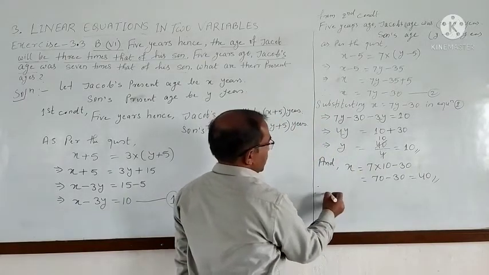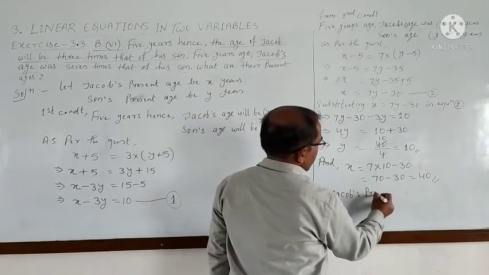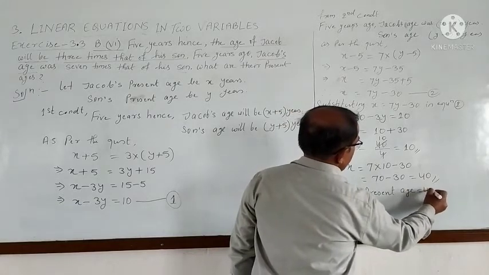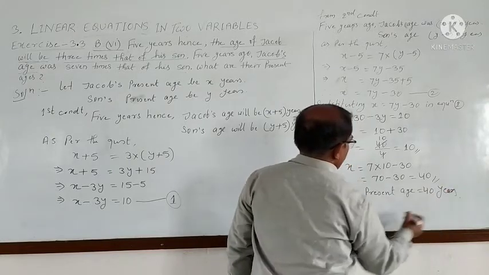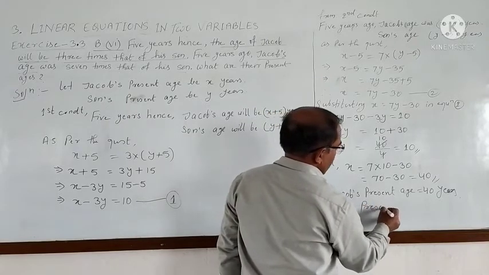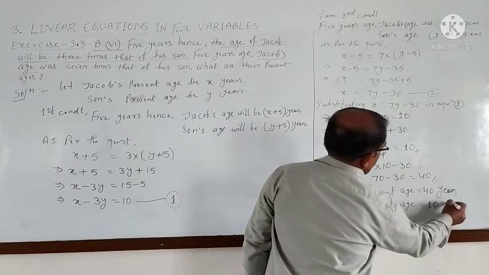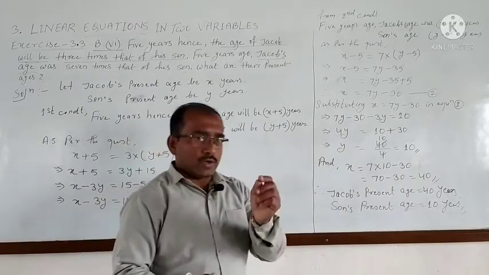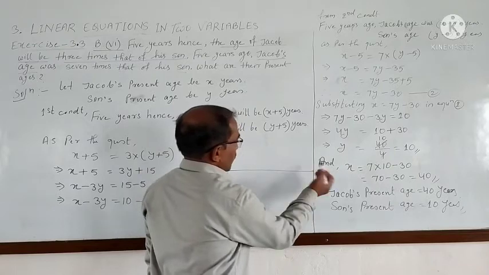We can write in words: Jacob's present age is equal to 40 years and the son's present age is 10 years. We have done it, and then just for a few seconds we will do the revision verification work.